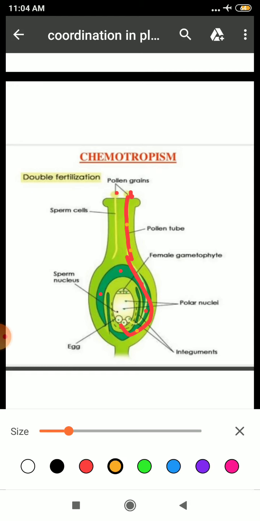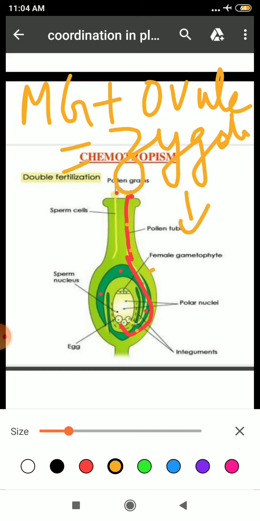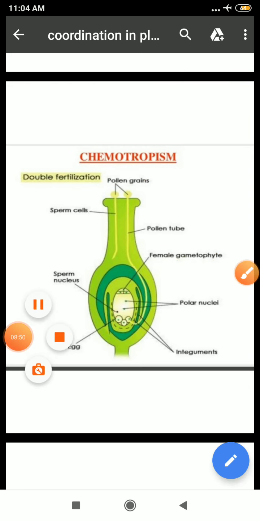And they will finally reach here, and then they will fuse with the ovule which is present inside your ovary, and it will lead to the formation of the zygote, and the zygote in future will form a seed. Clear? I hope you are getting everything.